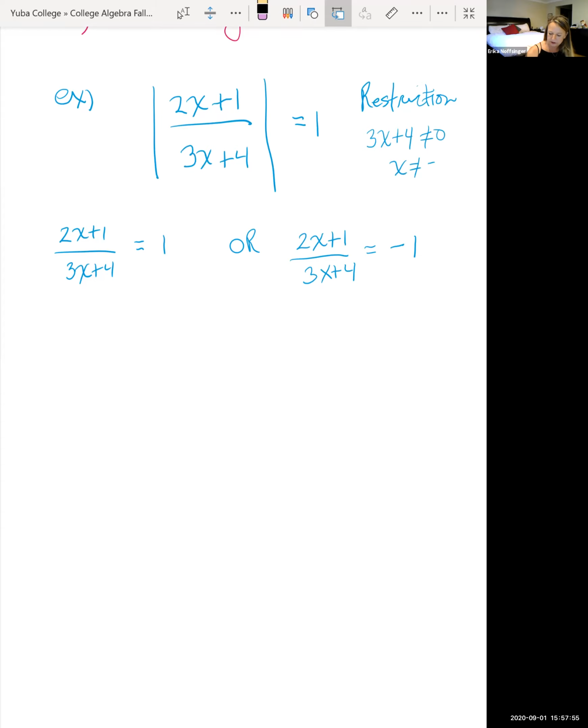It's not part of our domain. Okay, so these aren't too bad. We're going to clear the fraction. We can multiply both sides of the equation by 3x plus 4. Do it to one side, got to do it to the other. That clears the fraction, leaving us with just the numerator on the one side, which is 2x plus 1.